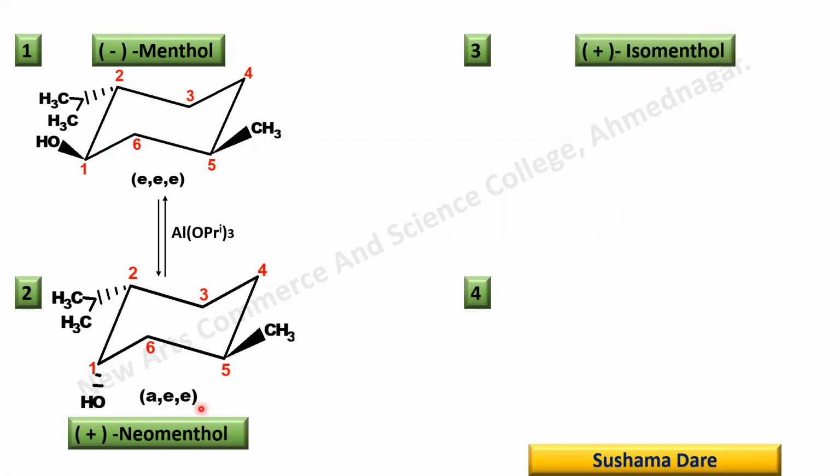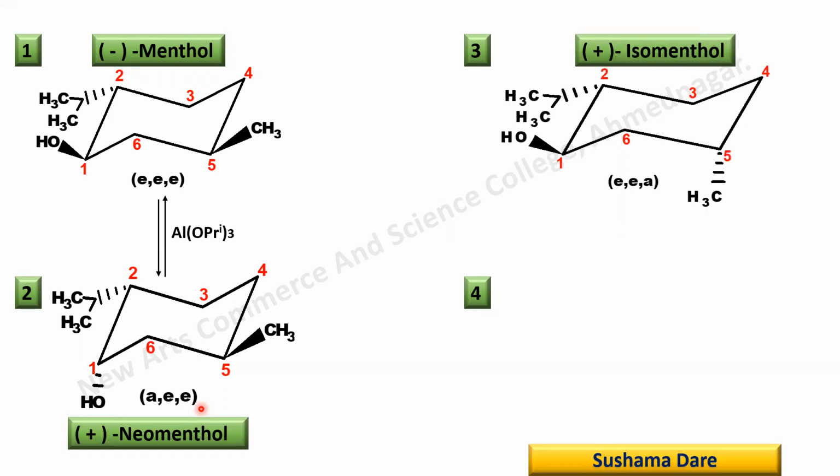The third one is plus isomenthol. In the structure of plus isomenthol, the stereochemistry of the methyl group changes to axial with respect to menthol. In menthol, all the groups are equatorial, while in isomenthol, the methyl group is axial.